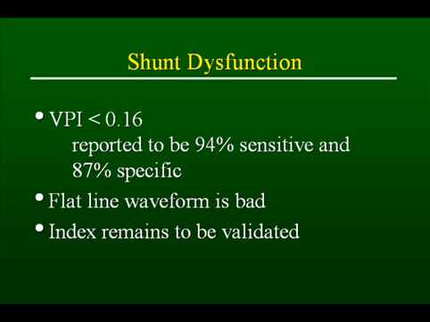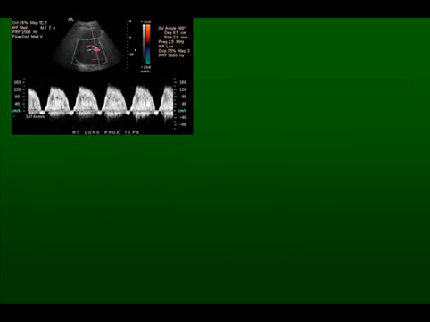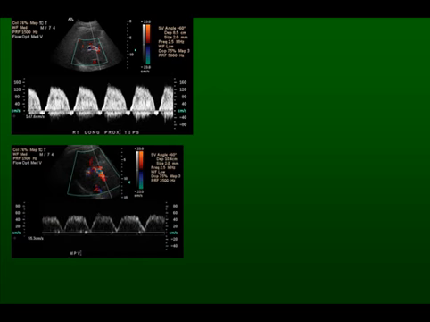This index has not been widely adopted, and these early positive and promising results are difficult to recreate in our laboratory. But this is the concept. Here's the cardiac pulsation seen in the TIPS in this patient, which over time is maintained, and this is good.